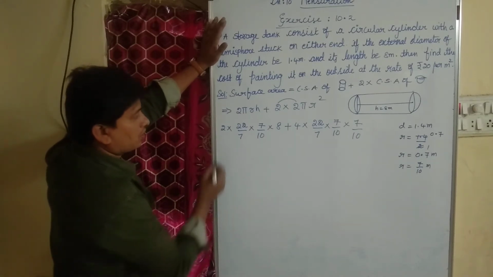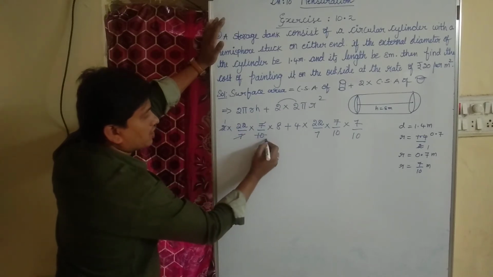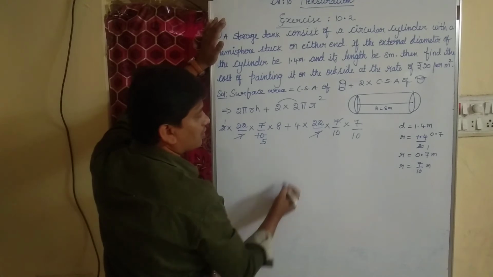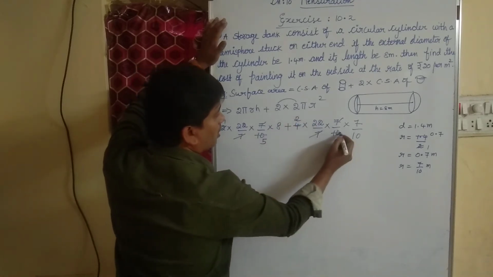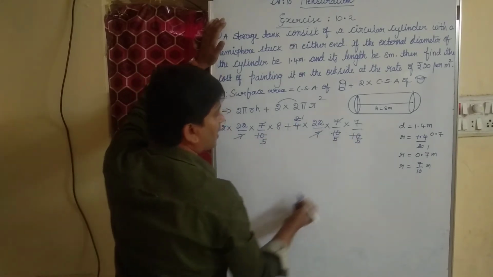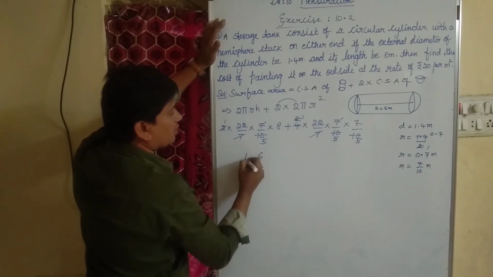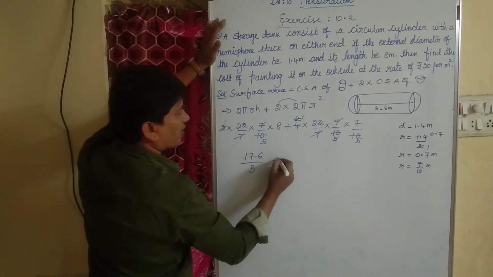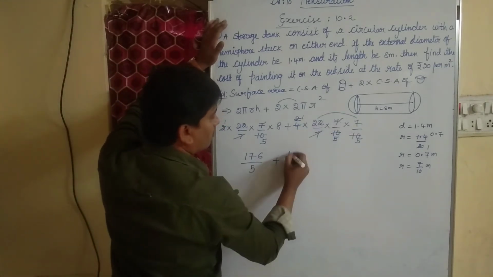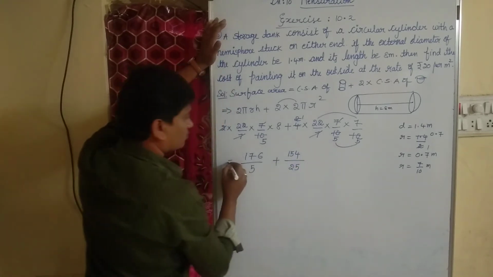Now 7 cancels, 2 fives are 10, 7 cancels again. So 22 into 8 is 176 divided by 5, plus 22 into 7, which is 154, divided by 25.